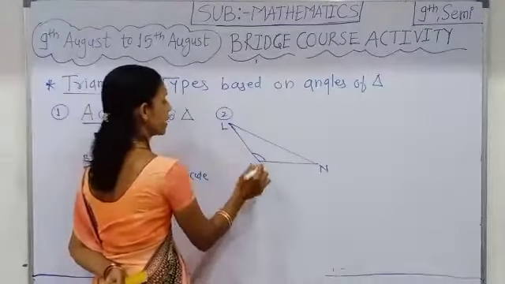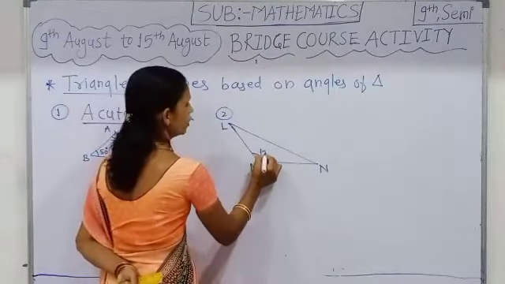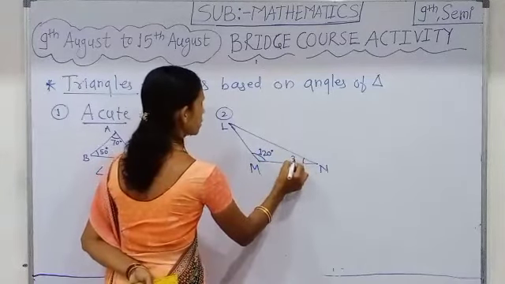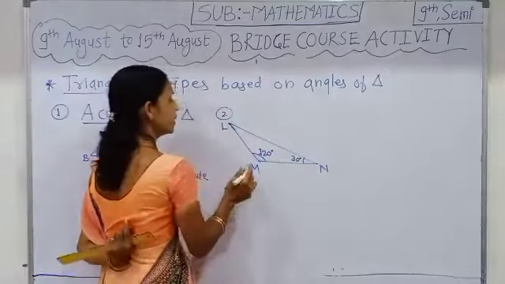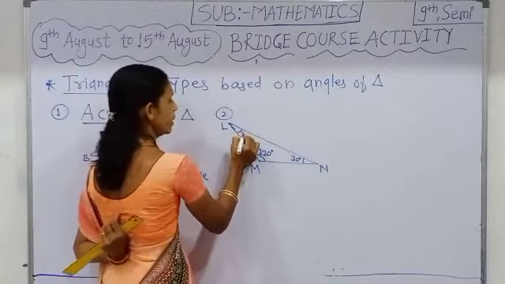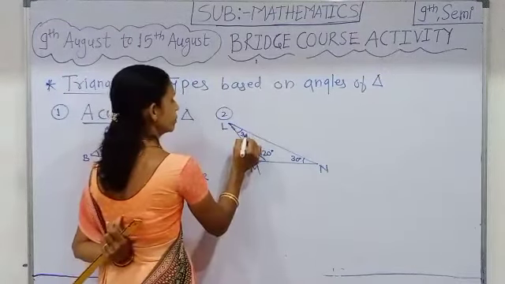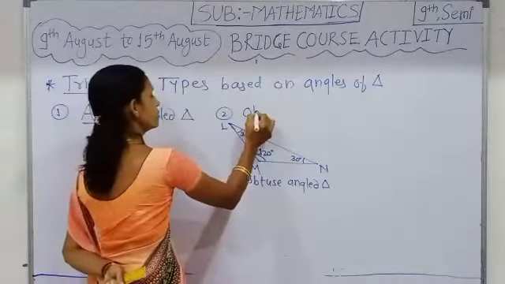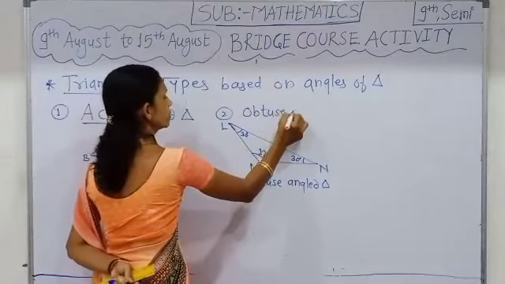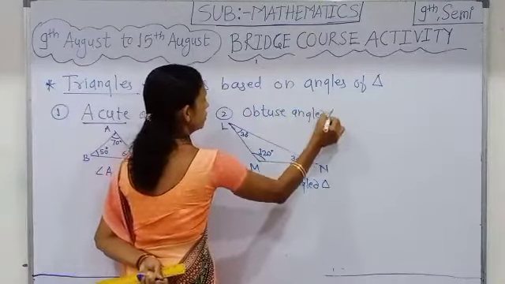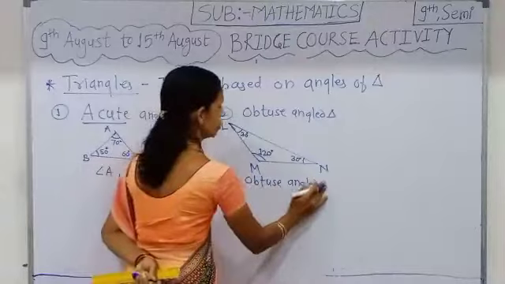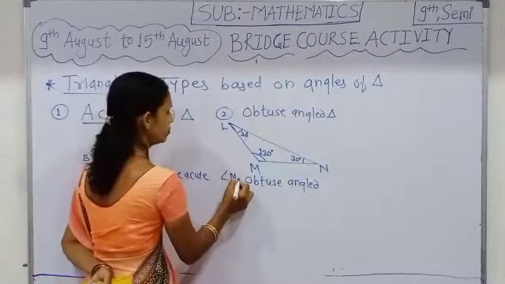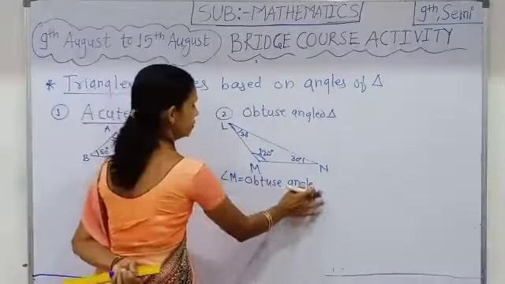In triangle LMN, angle M is 120 degrees, and the other two are 30 degrees each. So the second is an obtuse angled triangle, in which angle M is the obtuse angle.